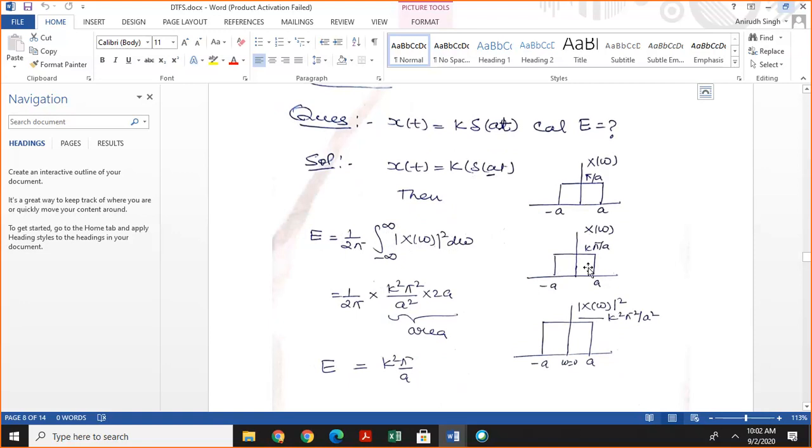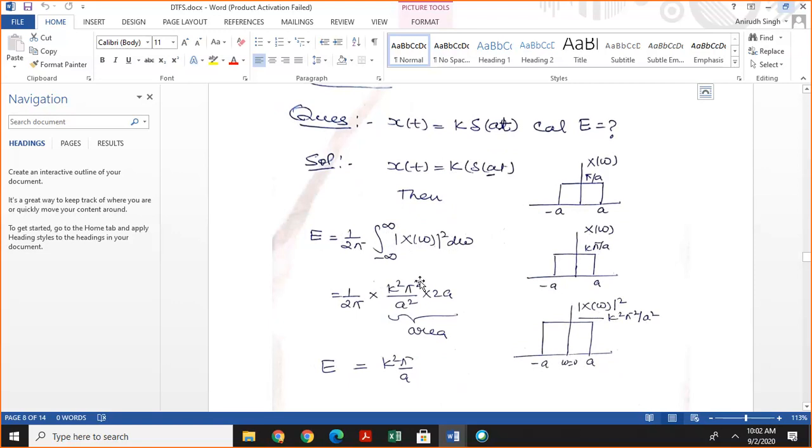This is the rectangular wave of this sampling function in the frequency domain, and the square of mod of x of omega is given by k square pi square by a square, and this is the height.